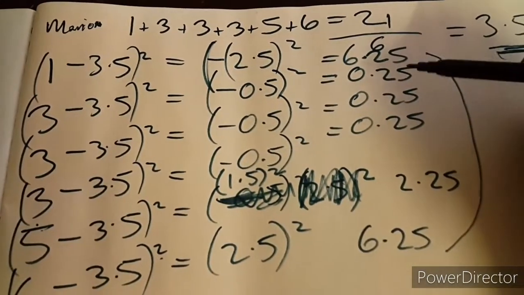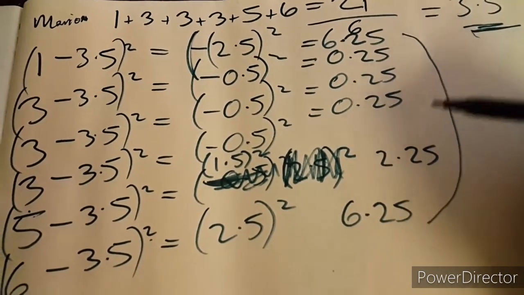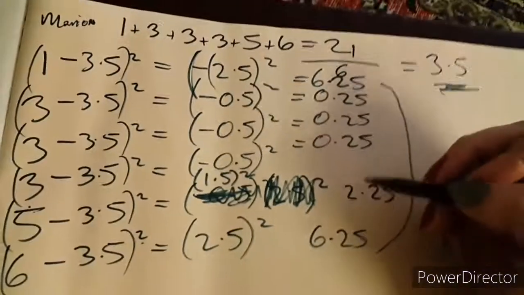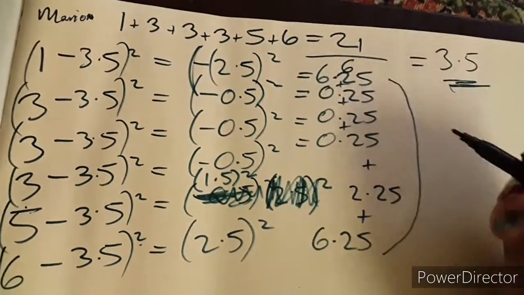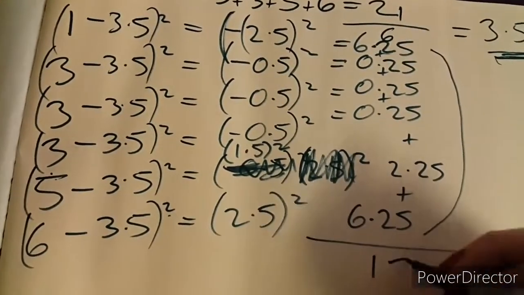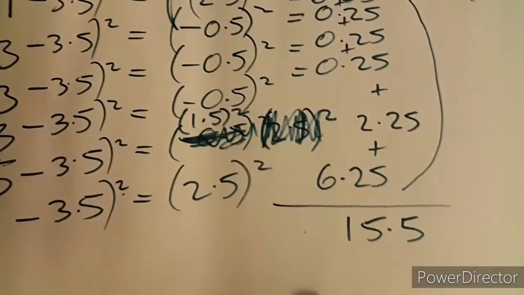So 6.25 plus 0.25 plus 0.25 plus 0.25 plus 2.25 plus 6.25 gives us 15.5.